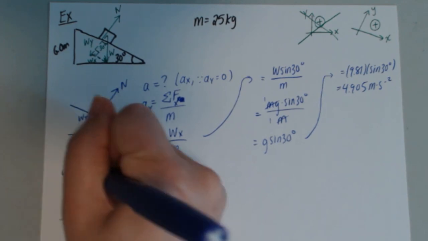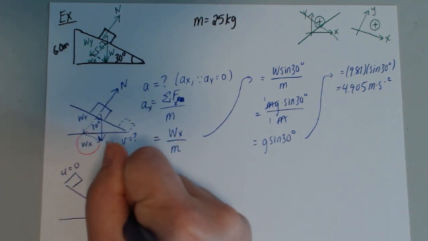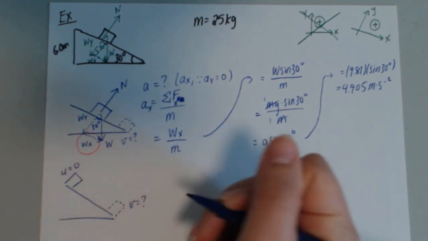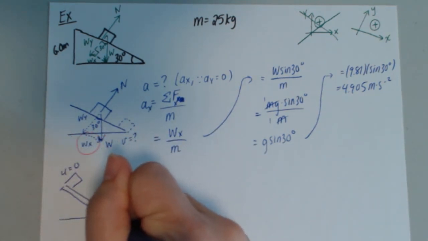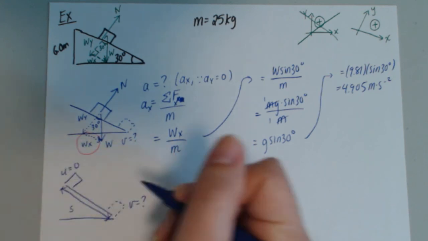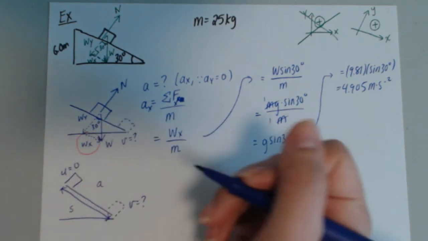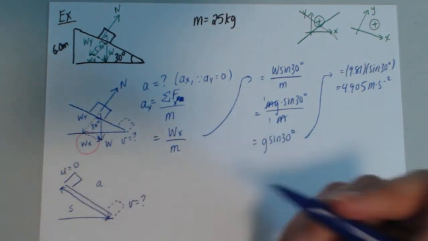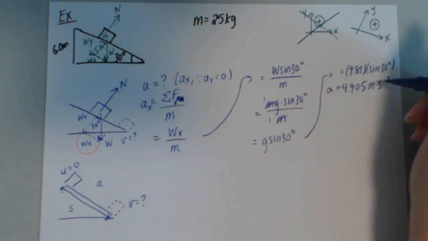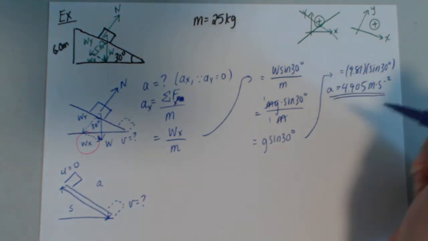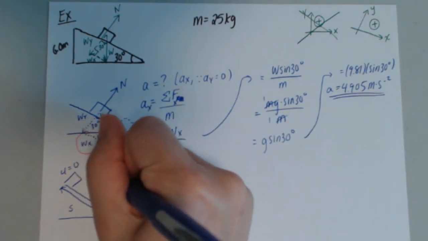So u equals 0. We want to know the speed when it reaches the bottom, so we're looking for v. I know that it's undergoing some kind of displacement here, s, and throughout that, it's accelerating. It's speeding up, otherwise the speed wouldn't change. I just found the acceleration. The acceleration's magnitude was 4.905 meters per second squared.